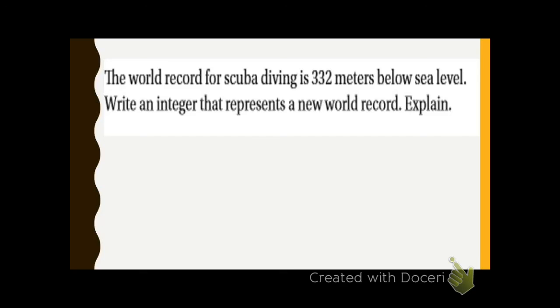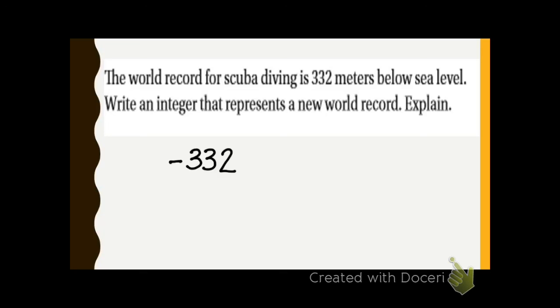All right, let's look at this example. The world record for scuba diving is 332 meters below sea level. Write an integer that represents a new world record and explain. So if he's going below sea level, how do I represent that? I would write -332. Now, it says write an integer that represents a new world record. So if you wanted to break this world record, what would you do?